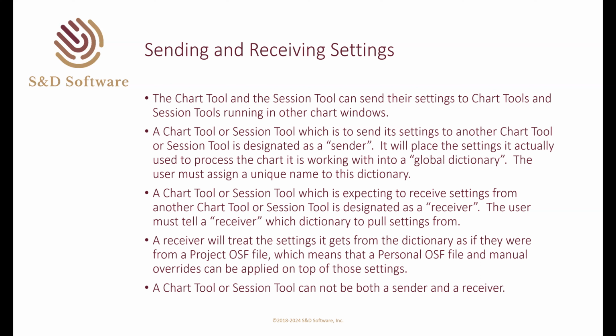And he is going to create something called a global dictionary. And a global dictionary has to have a unique name. So the user will specify the name to use. And this allows you to actually have multiple senders working at the same time.